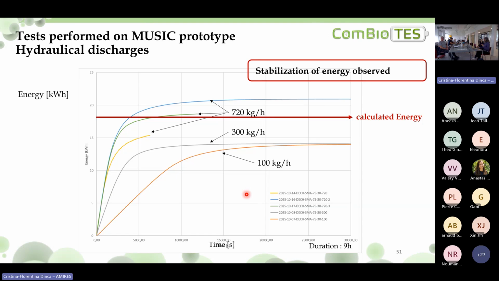Remember when I presented the temperature of the PCM near the shell? It takes a really long time to stabilize, and probably the 3 charges that were done before those 3 did not last the same duration, so we did not have the same initial state of the storage.